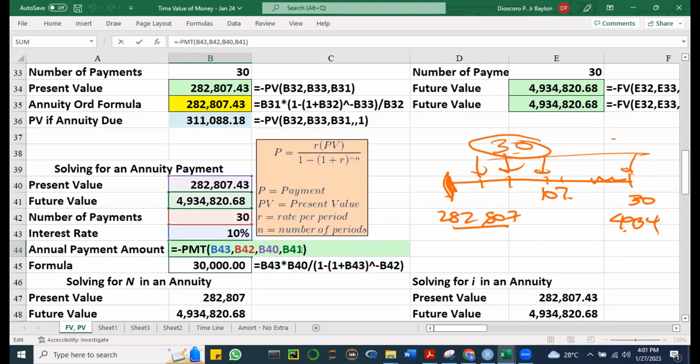We can use the PV, and it will give us 30,000, which is correct. Or we can skip the PV, use the future value, 4934, and we will get the same 30,000. So whether we use the PV of 282 or the future value of 4.9 million to solve for the annuity, you'll get the same answer, because they are equivalent cash flows.